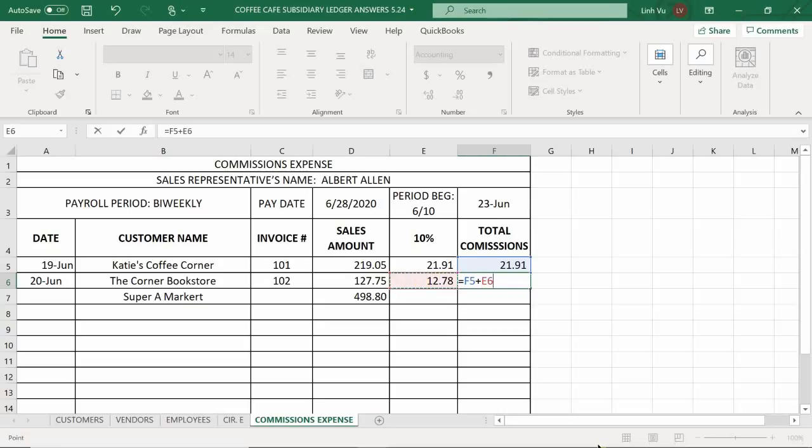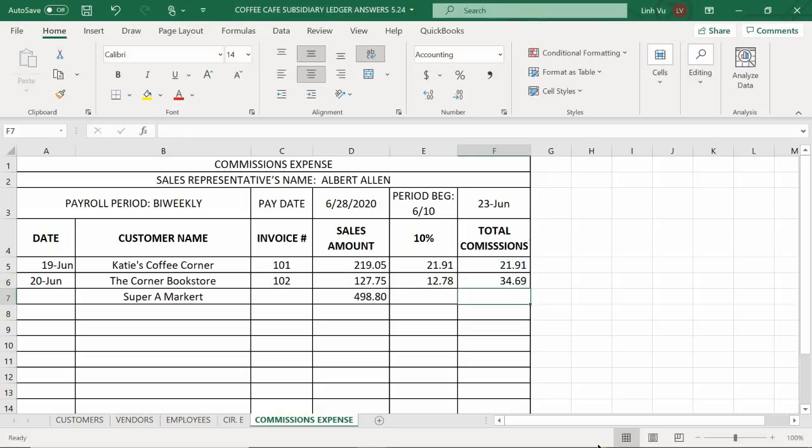In grand total, how much has he earned? $34.69 is what we owe him in grand total right now.